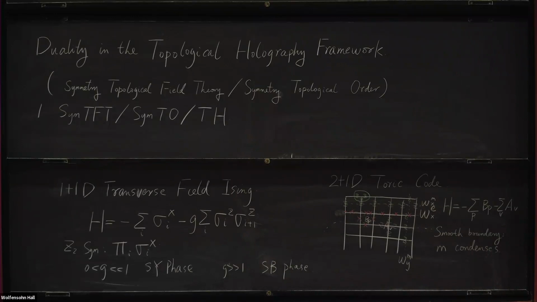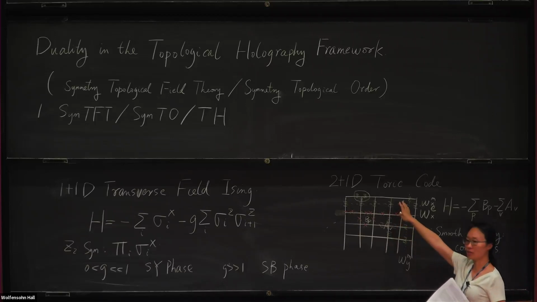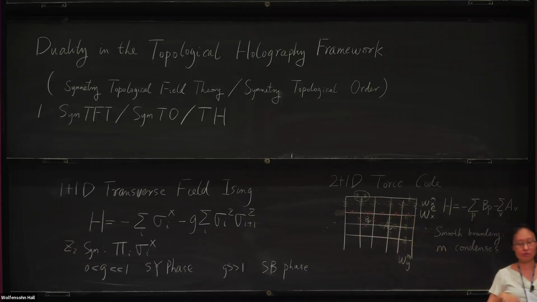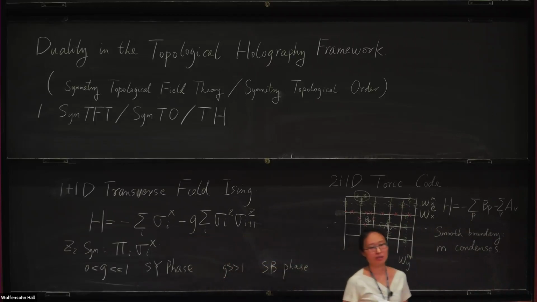Okay, so this is the bulk and the top boundary. For anyone who's familiar with the story of toric code, this is very old and very well known, and this is nothing new. Okay. And in the sandwich story, what this bulk term and the top boundary term do is to specify what we call the low energy Hilbert space. The sandwich structure will effectively reproduce the low energy sector of the 1+1D transverse field Ising model.